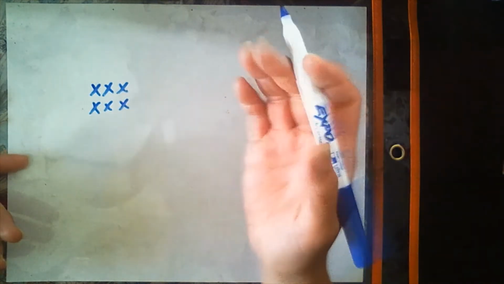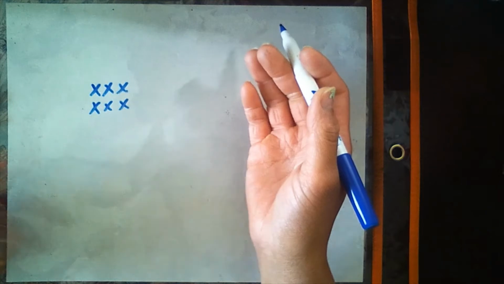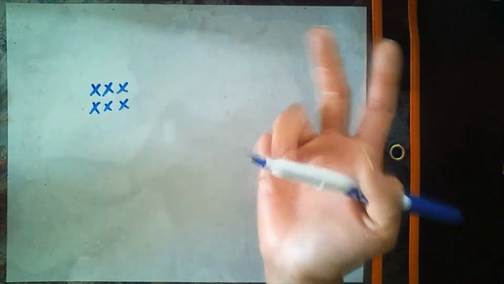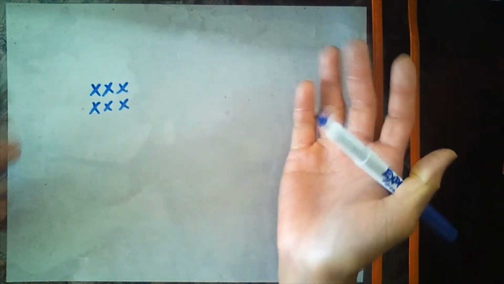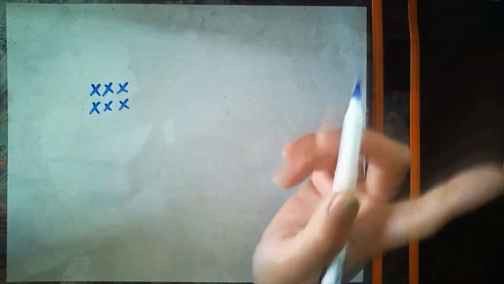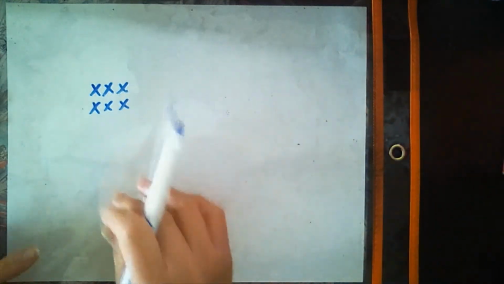How many rows are there? 2. So there are 2 equal groups of 3, and we have 6 X's altogether. Did the number of X's change when I organized them from those cluster groups into this rectangular array?